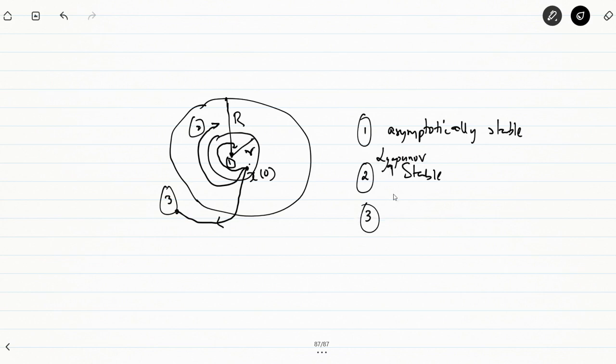And the third trajectory refers to an unstable system. For stability, the states x(t) should not go out of the specified radius, that is capital R. If it is within small r, then it's not only Lyapunov stable, but also asymptotically stable. But if it is within the confines of capital R, then it is Lyapunov stable only. But if it moves outside the radius of capital R as well, then it is an unstable system.